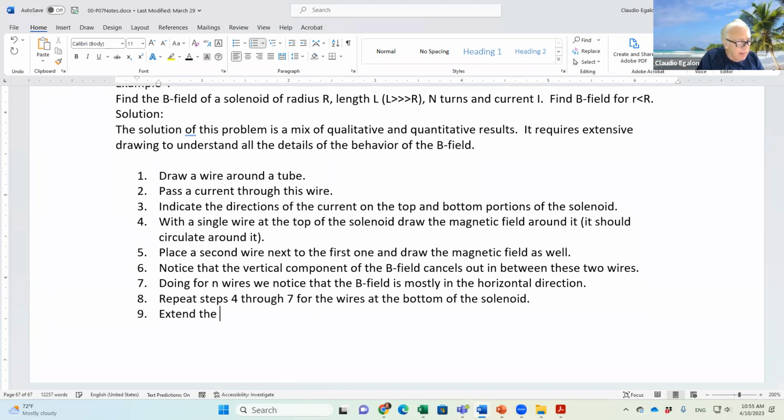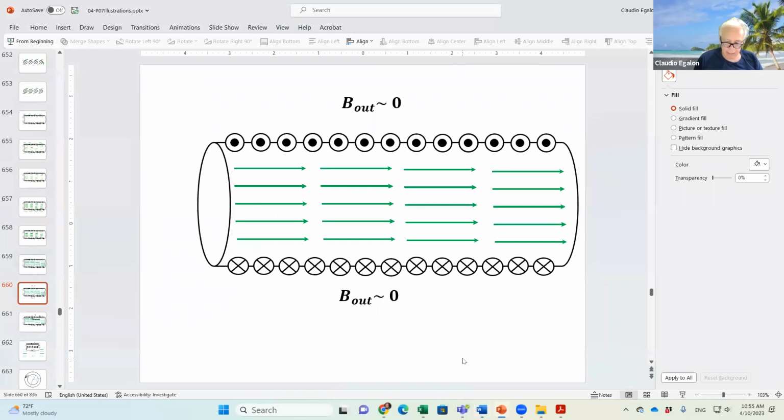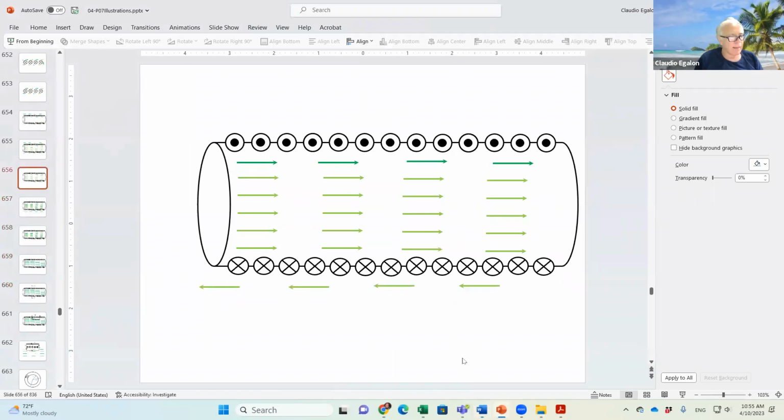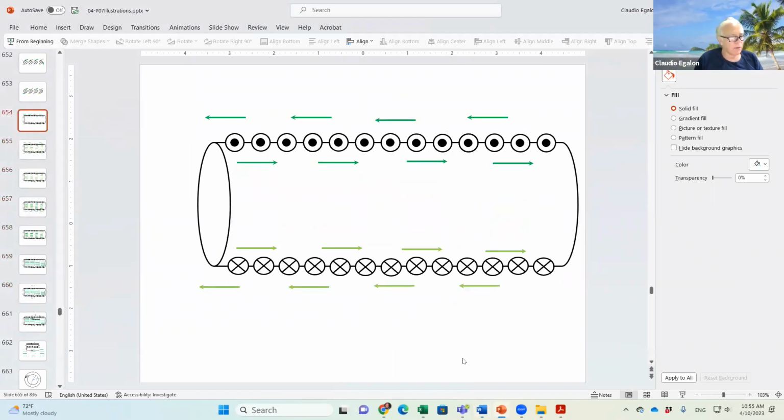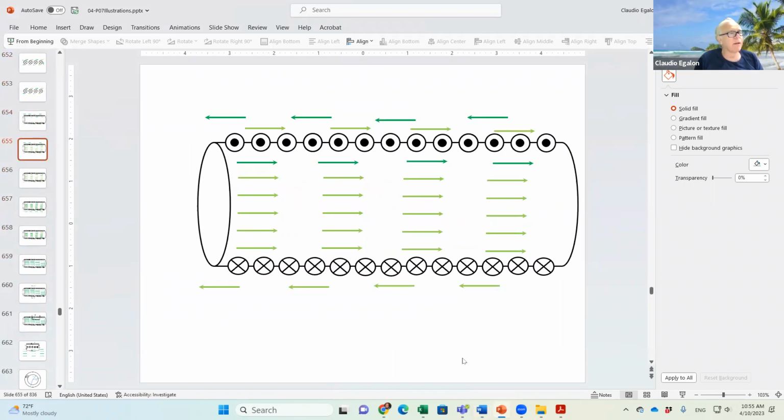Extend the B field of the bottom wires upwards. Upward, just like I did. Okay, where am I right now? I am writing here. Oh, not here, sorry. I am writing here.